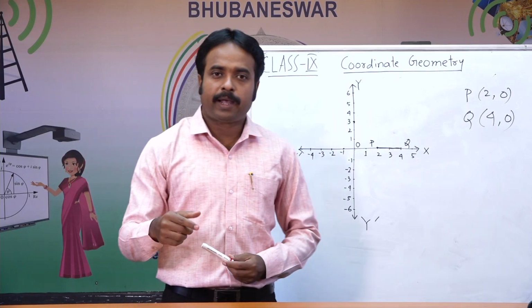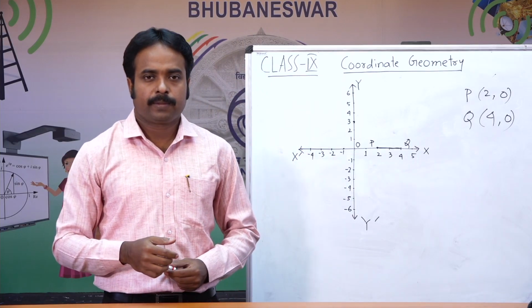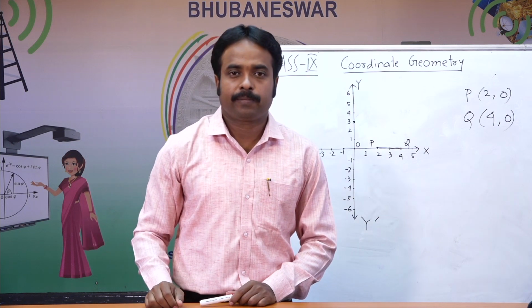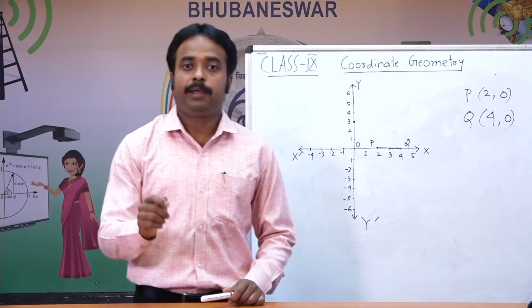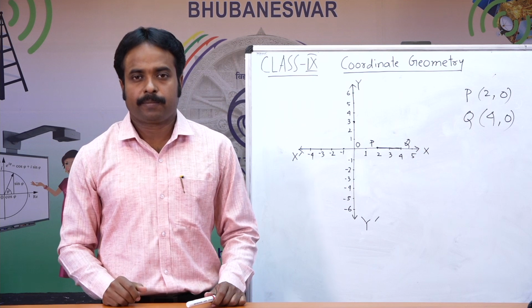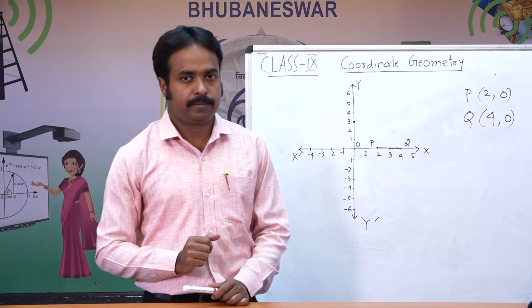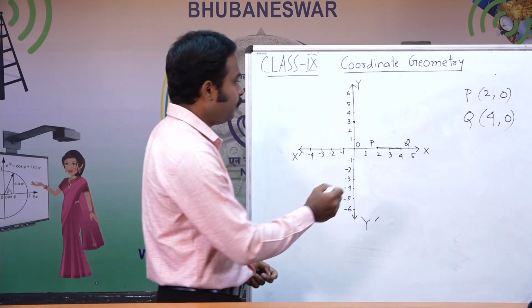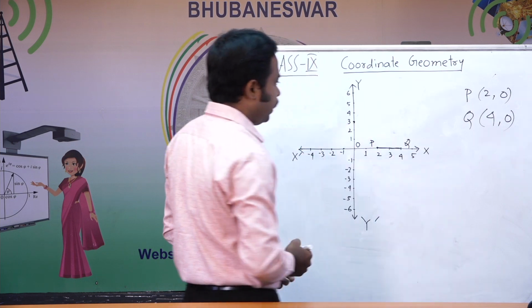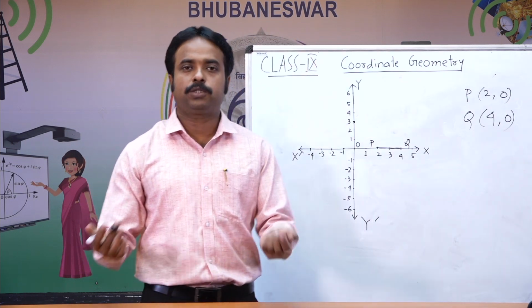Now we have to take another point R. So how can we take R? Will you give a unique point? Try to understand. To form a right triangle from here, we have several options.